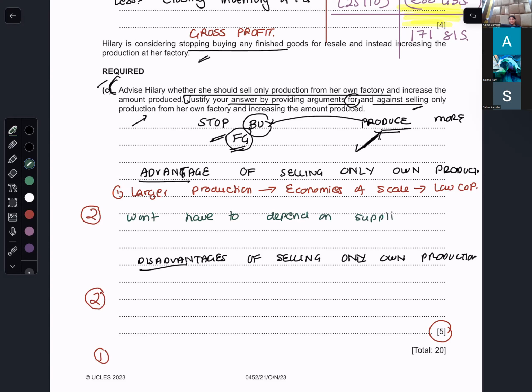What is a disadvantage of selling only own production? She may not be able to fulfill the demand. What else? Factory overheads may increase.